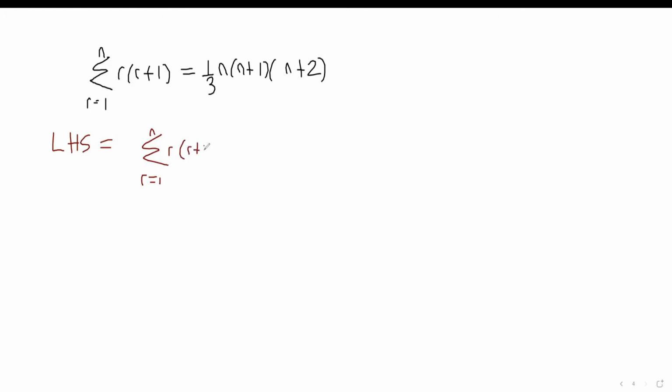The first thing we need to do is expand the r to get the sum from r equals 1 to n of r times r, which is r squared, plus the sum from r equals 1 to n of r.